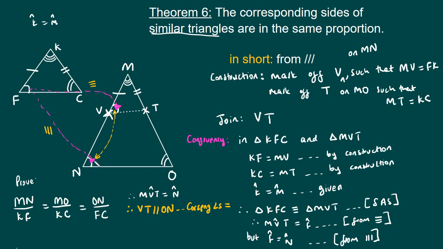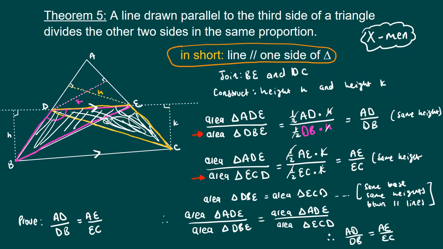Then you are done now. Your last step is to say, therefore, this means you have actually created what you call your proportionality theorem, which is the theorem that we proved before.